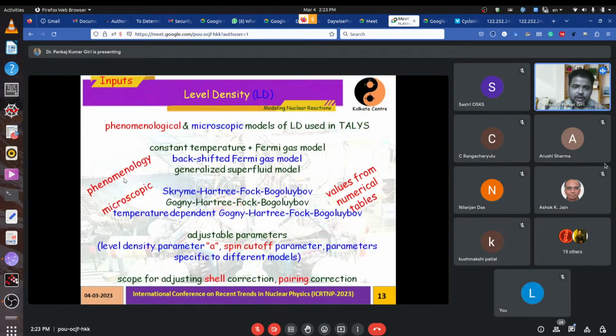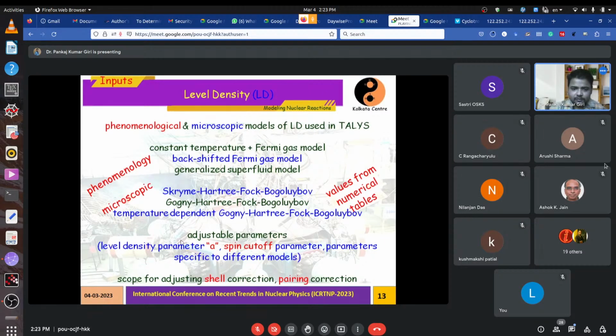For the phenomenological level density model, we have the constant temperature Fermi gas model, the back-shifted Fermi gas model, and the generalized superfluid model. For the microscopic model, we have the Skyrme Hartree-Fock-Bogoliubov model, and others which can be used for microscopic analysis.